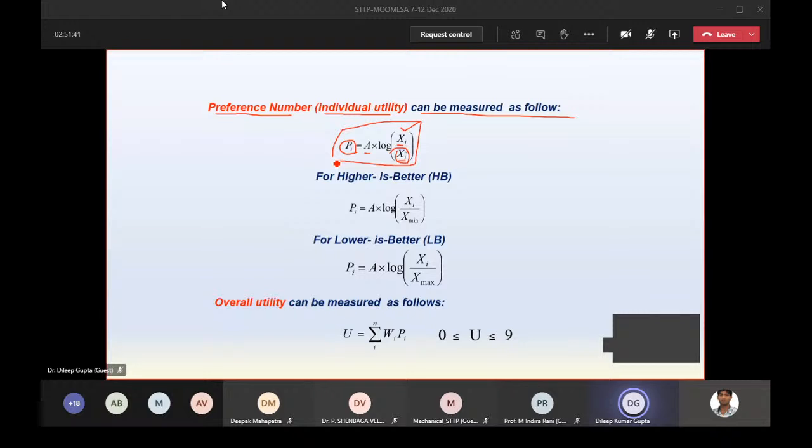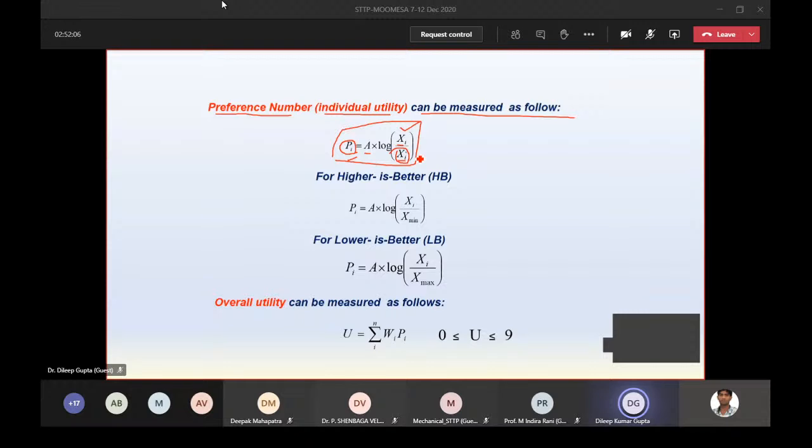So first case, in case of SOM method, we have calculated the normalized value for the normalized table. For the second case, in desirability function, the value of desirability index was calculated. DI value has been calculated as the normalized table. Now we are calculating Pi here as the preference number and individual utility for normalizing the data.